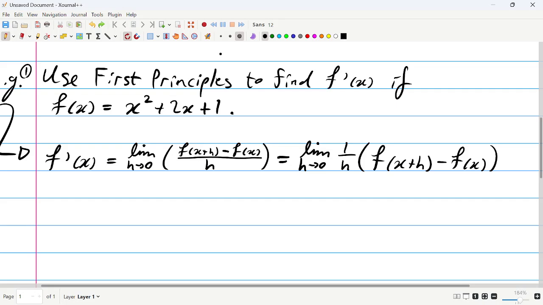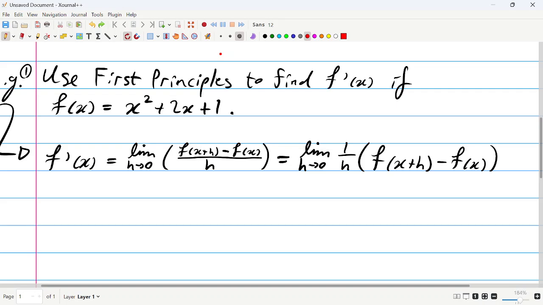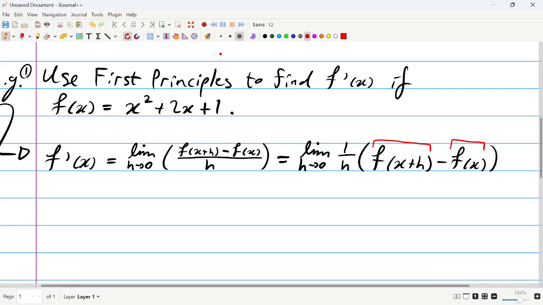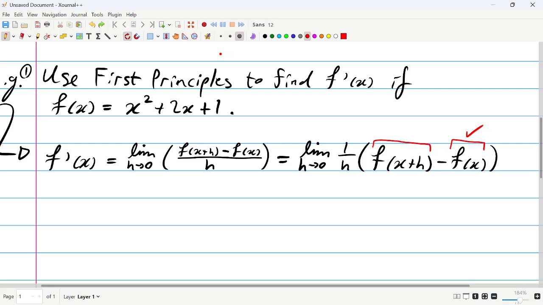So the first thing is, what do we need to actually find, and how are we going to progress with this? First of all, we need to know what f of x plus h is going to be equal to, and we need to know what f of x is going to be equal to. We already know what f of x is equal to. It's all of this. But we need to know what is f of x plus h.